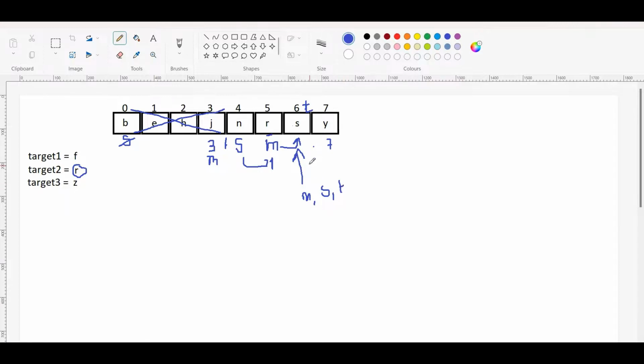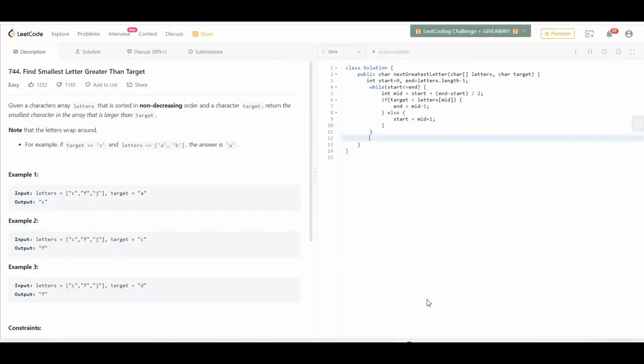And to break the loop, our start would move ahead, and the loop will break because we met the condition that start should always be less than or equal to end to continue in the while loop. So if we break the loop, that means start moved ahead of end, and we have to return that element because our target is t.